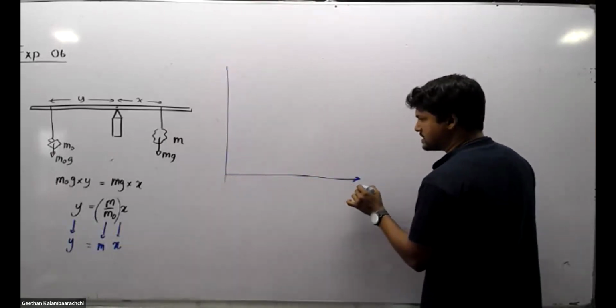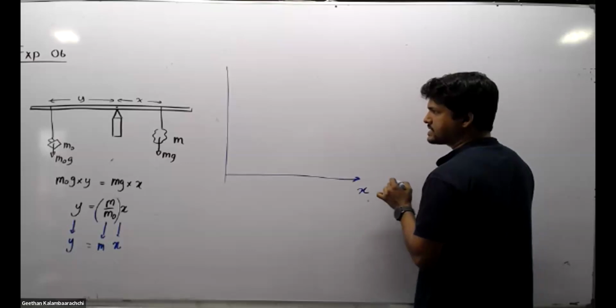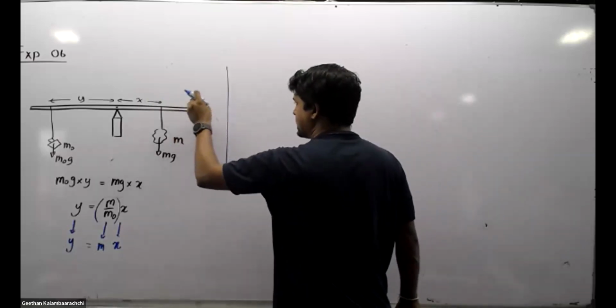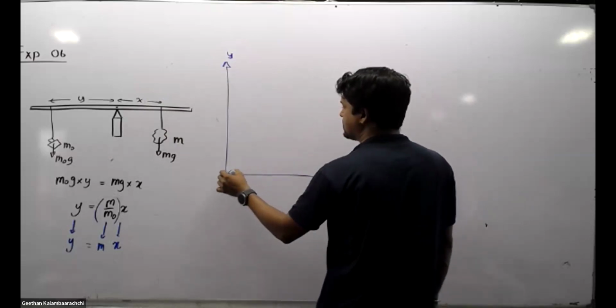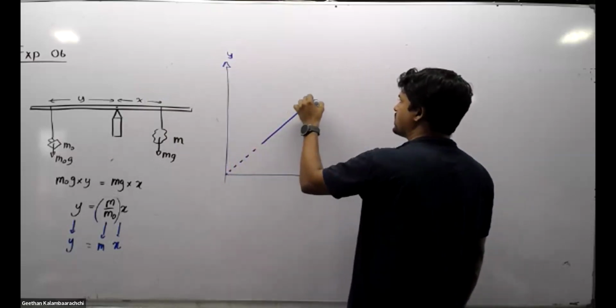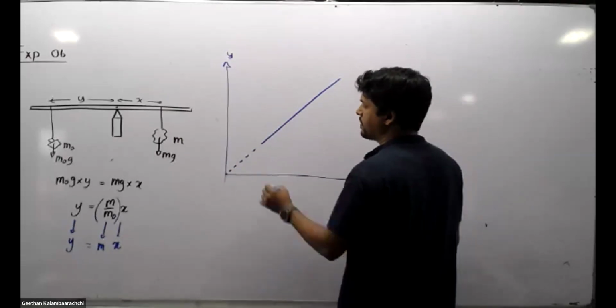What you are changing is the length x, and accordingly y will change, so you should get a y equals mx type graph.